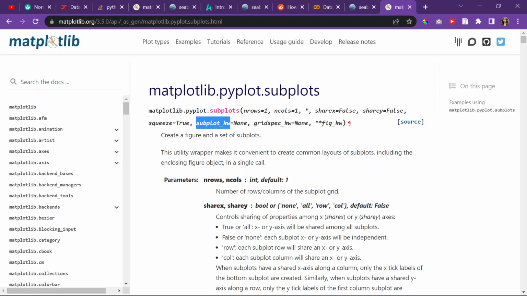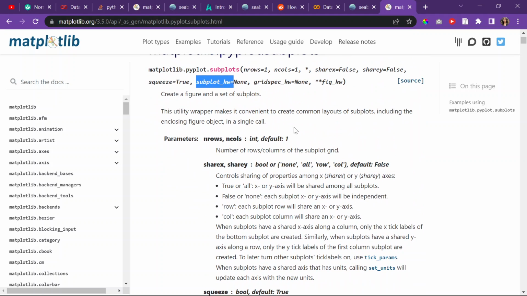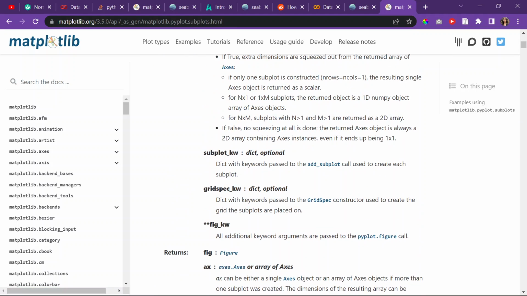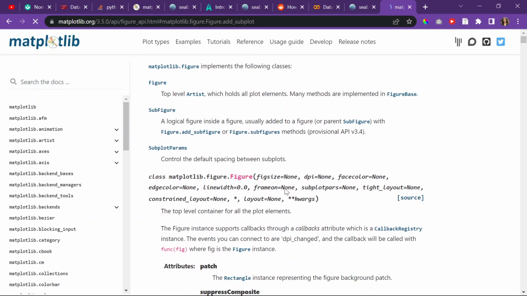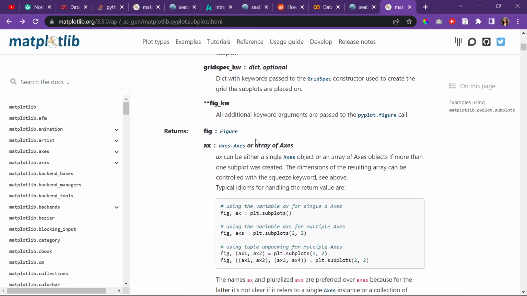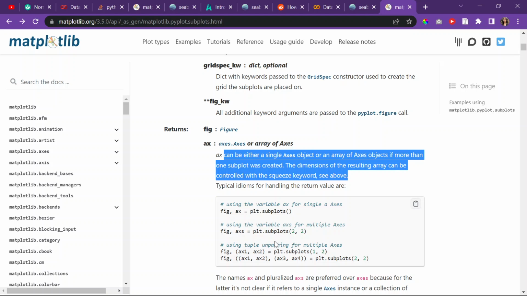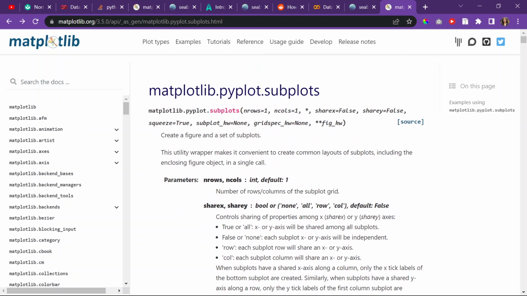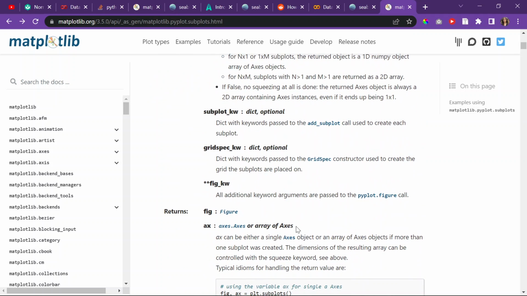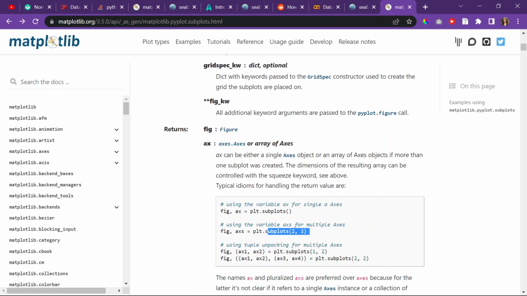Maybe it's this. subplot_kw: dict with keywords passed to the add_subplot call used to create each subplot. So we can... What? Look, it does have it. I'm so confused. Oh no, this is subplots, not... Bro, this is so annoying.